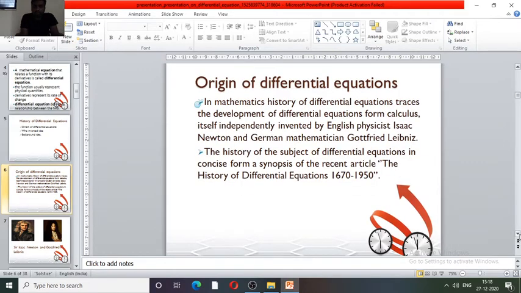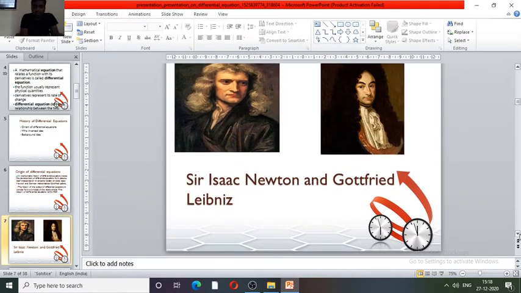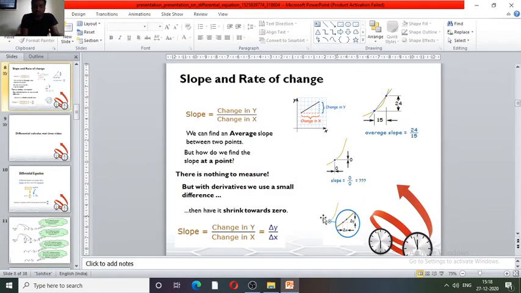In this PPT, some things are discussed about the origin of differential equations, but I am not going into deep detail about the origin.